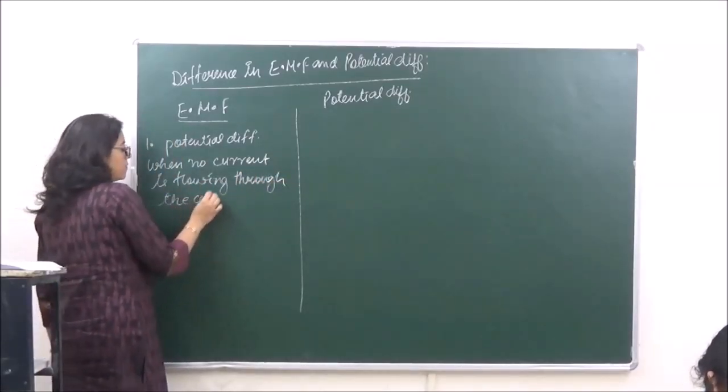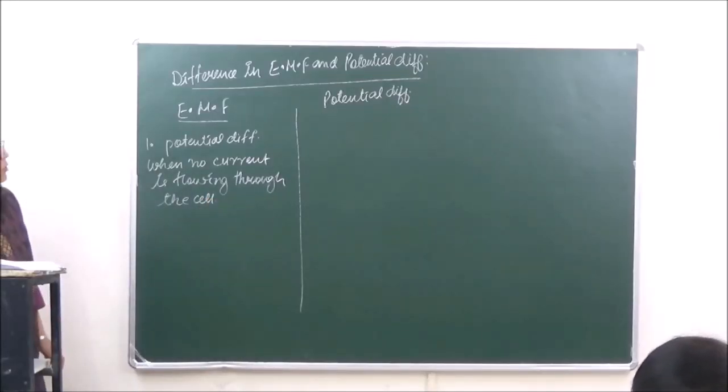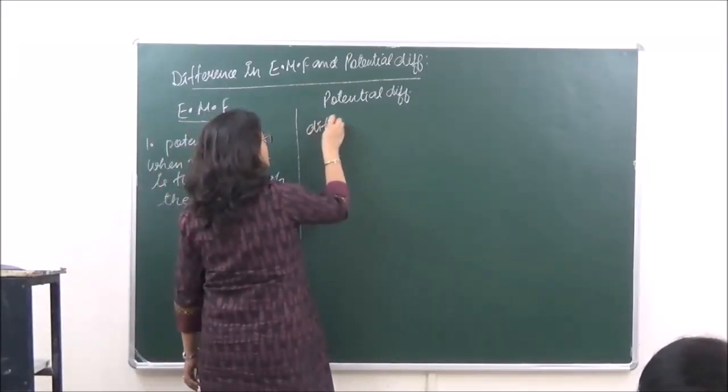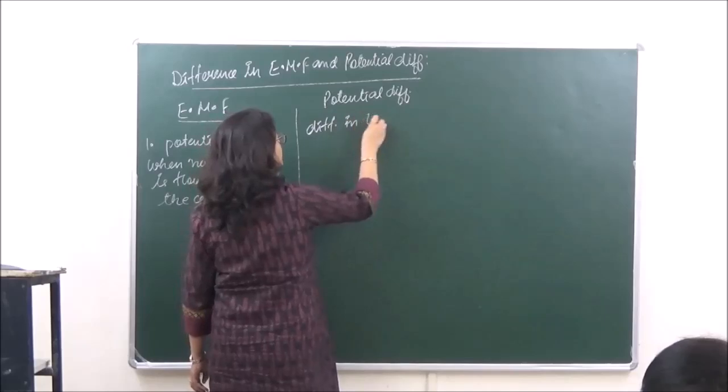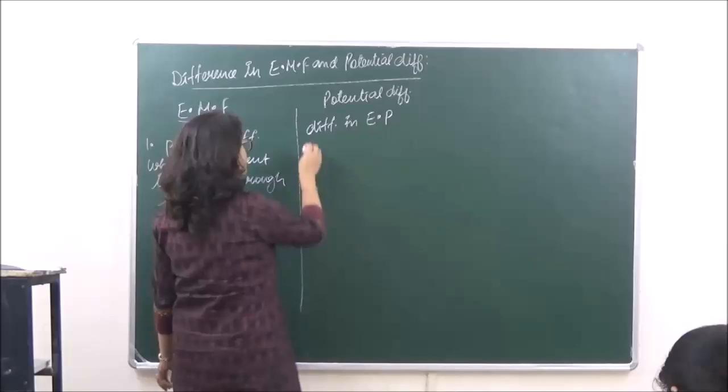Whereas when we are talking of potential difference, it is the difference in electrode potential when current is flowing through the cell.